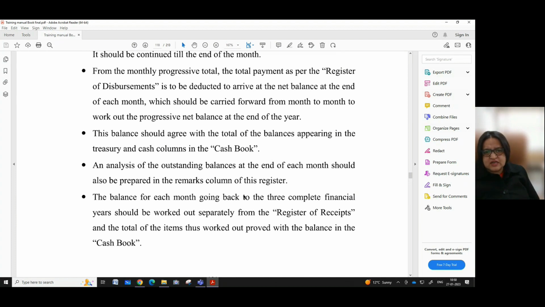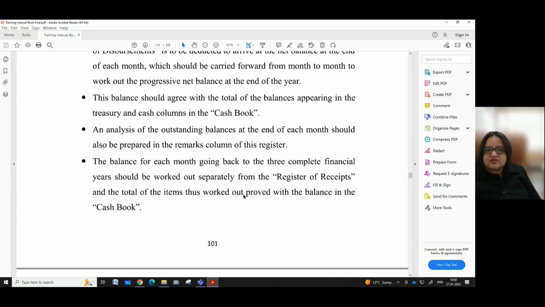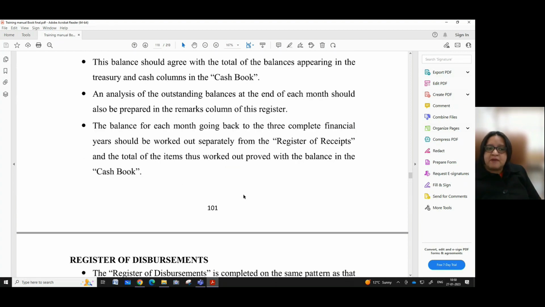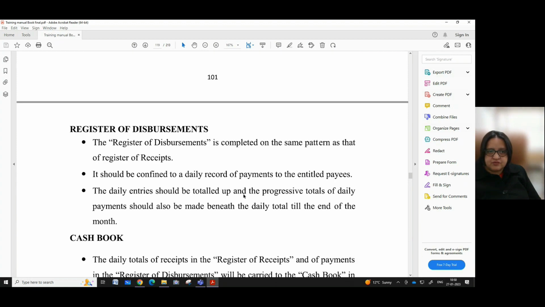This balance should agree with the total of the balances appearing in the treasury and cash columns in the cash book. An analysis of the outstanding balances at the end of each month should also be prepared in the remarks column of this register. The balance for each month going back to 3 complete financial years should be worked out separately from the Register of Receipts, and the total of the items thus worked out proved with the balance in the cash book.